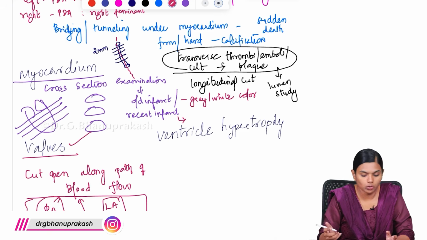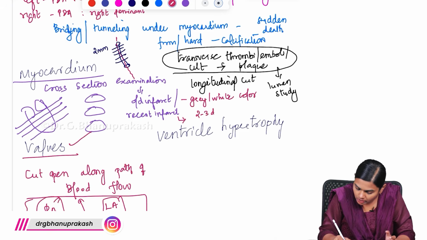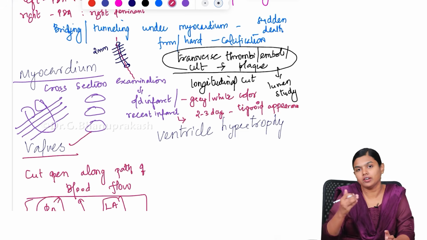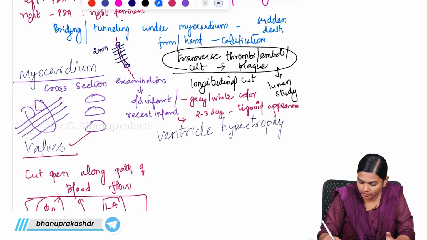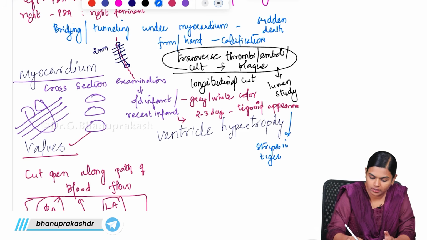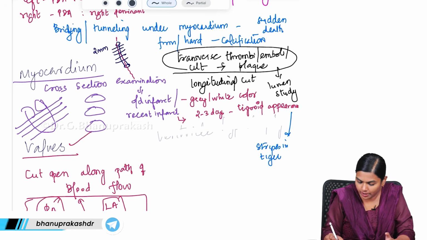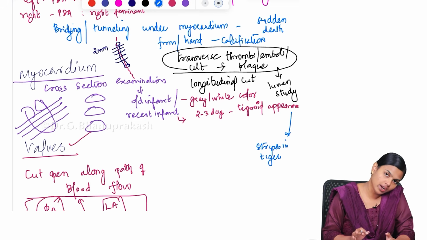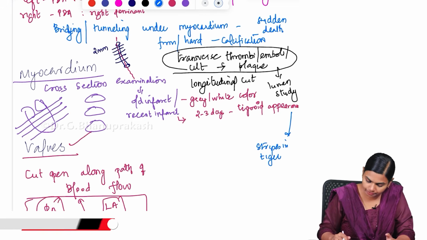But after 2 days, between 2 to 3 days, you will get something known as tigroid appearance, like the stripes in a tiger. There will be changes seen inside the myocardium, and using this you can identify. So, this is what myocardium inspection looks like.